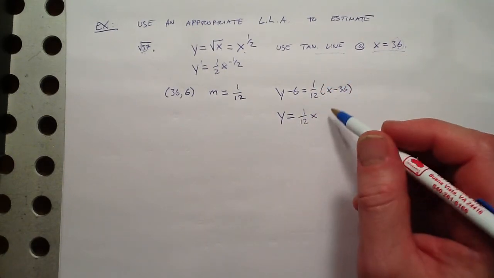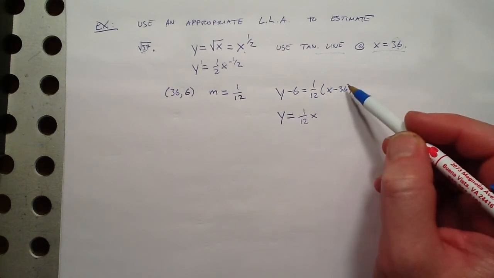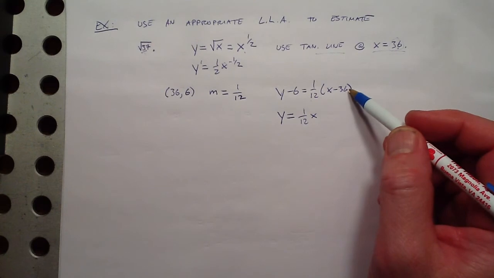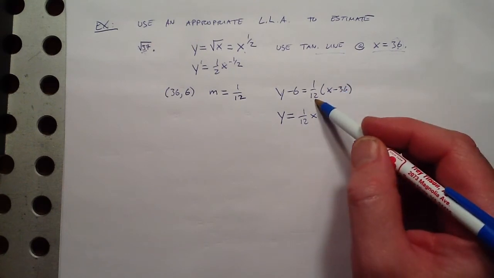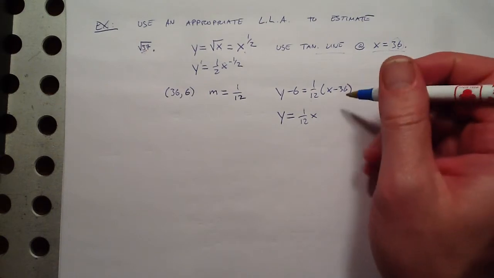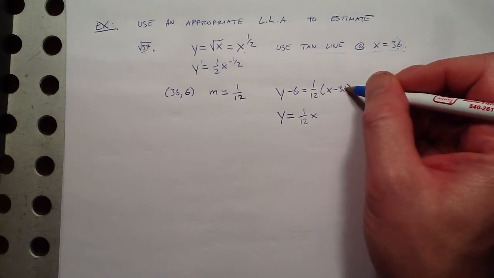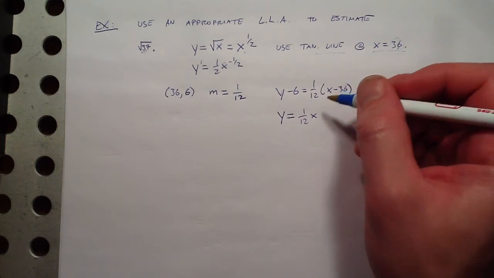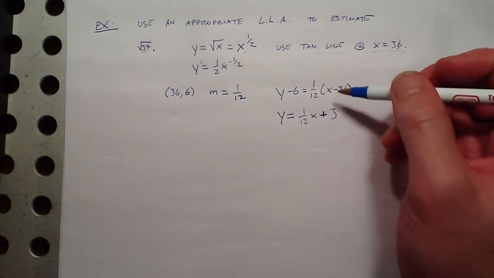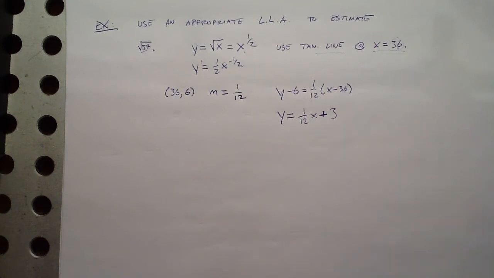Oh, this isn't going to be too terribly pretty, I guess, but let's see, 36 over 12. 6 goes into both of those. It's 6 over, oh, hey, just kidding, 12 goes into 36 3 times. So that's minus 3, and then add the 6 over here. So the tangent line is 1/12 x plus 3.